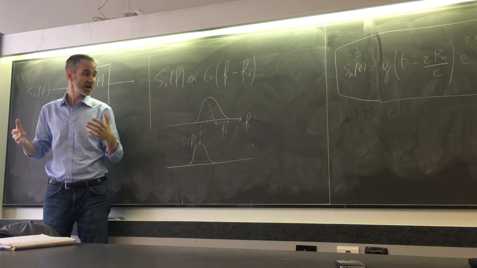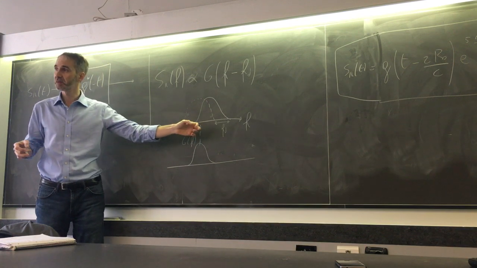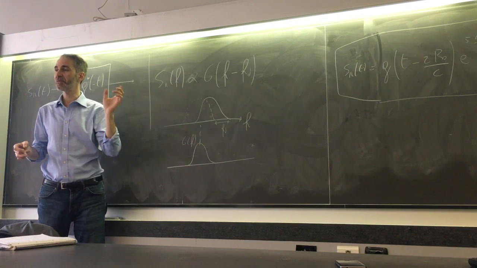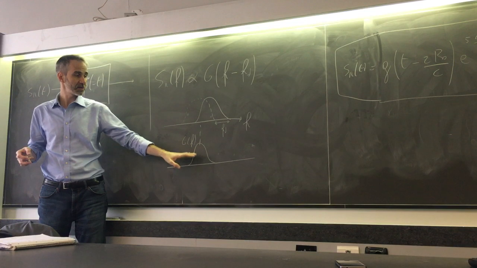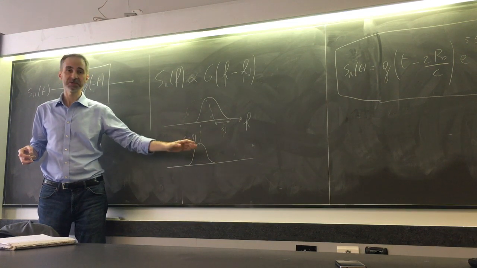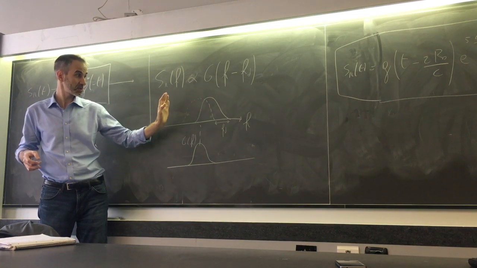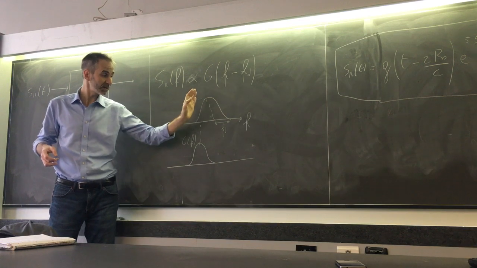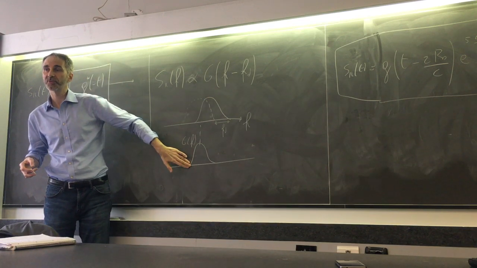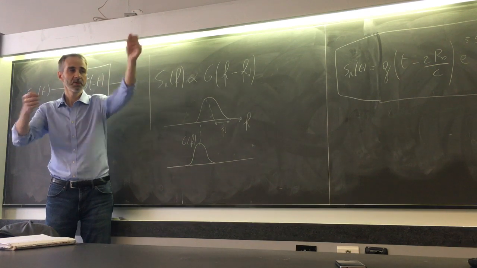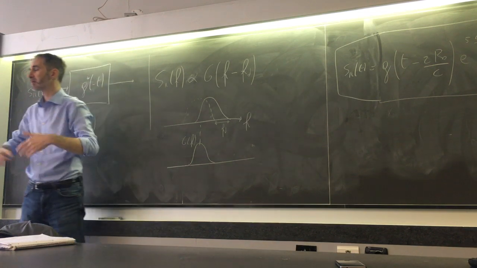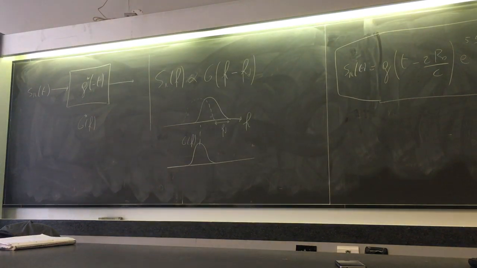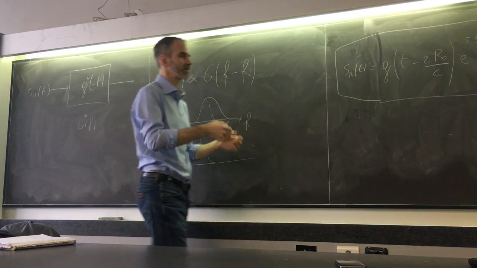In the extreme case where this Fd is larger than the bandwidth of your signal, then you get 0, because in this case the signal slips completely out of your filter. So you do your radar experiment and nothing gets out of your filter because you have a Doppler frequency.